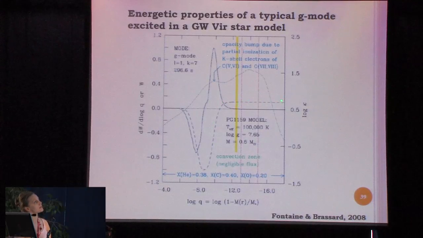If it is plus, the mode is unstable. Here the pulsations are driven by the deep opacity bump, and in yellow you have a thin convection zone, where the convection is negligible.